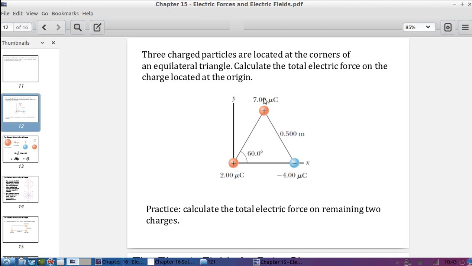Right? And you can do this for each one. Take the negative 4 microcoulomb charge out, do the same thing. Take the 7 microcoulomb charge out, do the same thing. Pick a point right here, the center of the triangle's base. Right? That would be a good one. So that's 0.5. This would be 0.25, right?